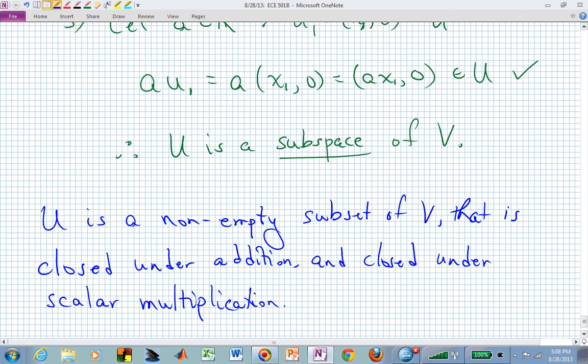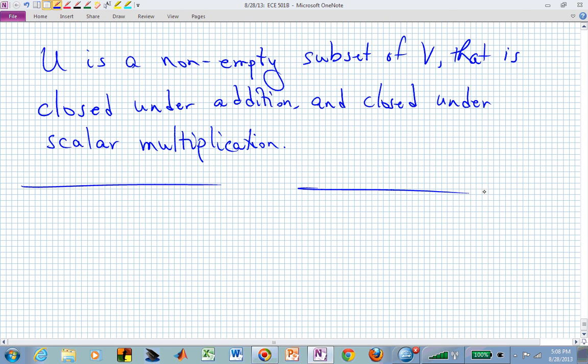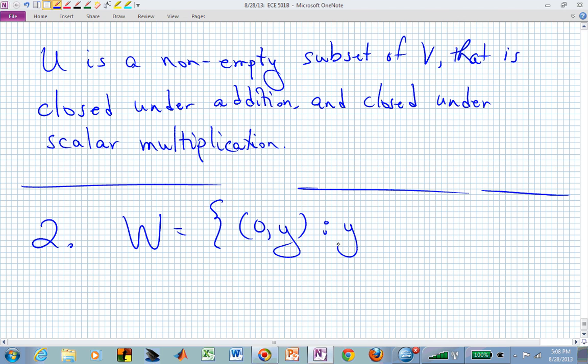What's another possible subspace that I've picked? Suppose we say W is now this subset 0, comma Y, where Y belongs to the real numbers.